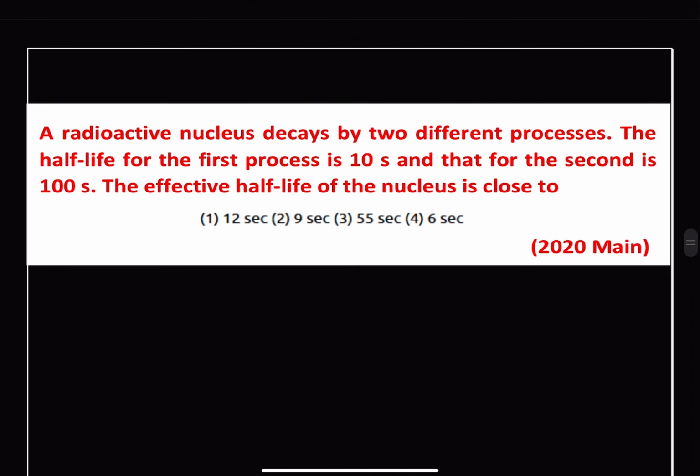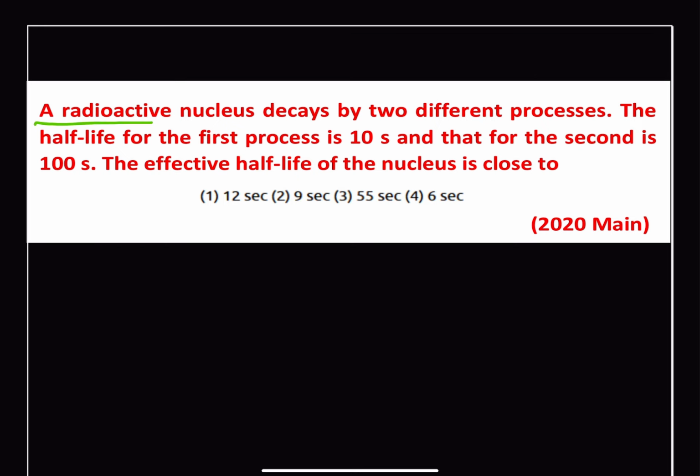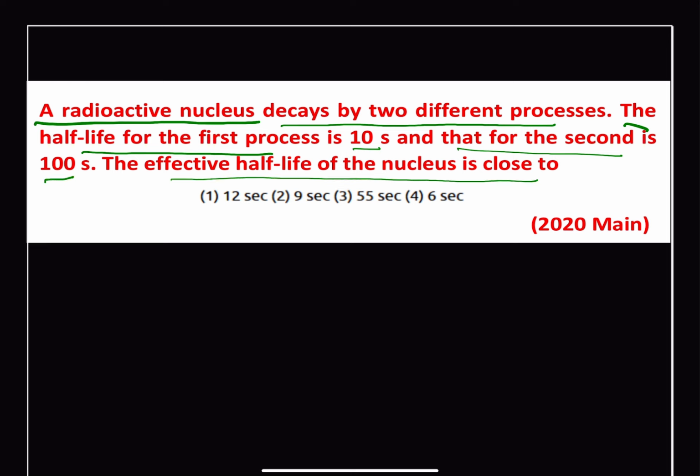It states that a radioactive nucleus decays by two different processes. The half-life of the first process is 10 seconds and that of the second is 100 seconds. The effective half-life of the nucleus is close to. So this is quite straightforward based on our two processes.